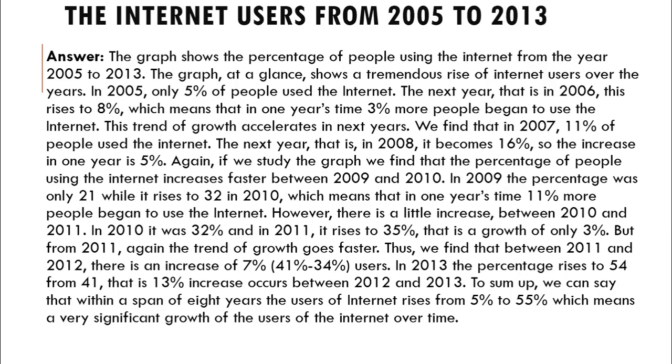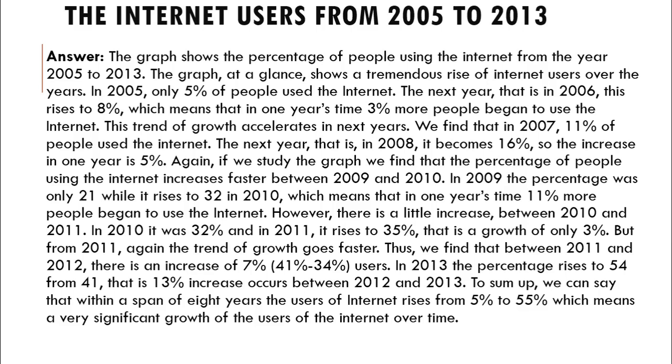Again, if we study the graph, we find that the percentage of people using the internet increases faster between 2009 and 2010. In 2009, the percentage was only 21, while it rises to 32 in 2010, which means that in 1 year's time, 11% more people began to use the internet.